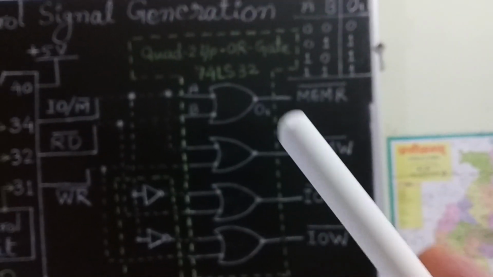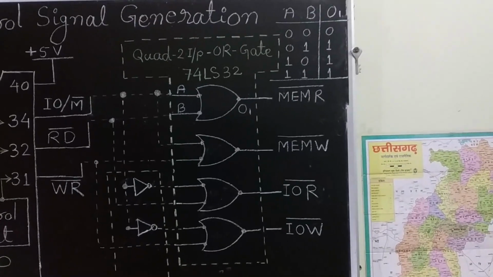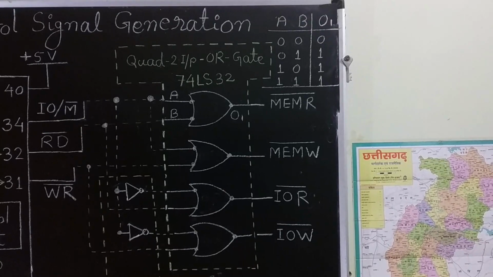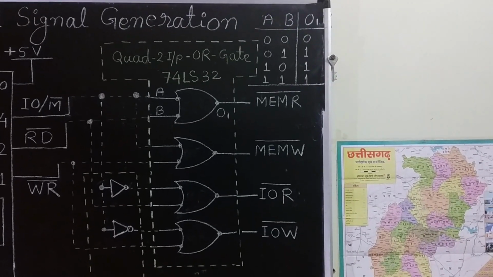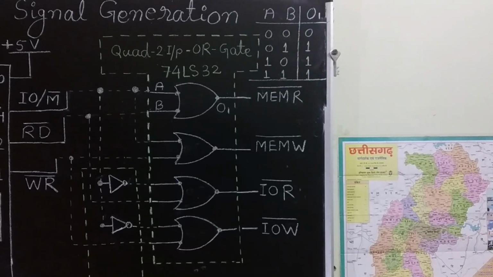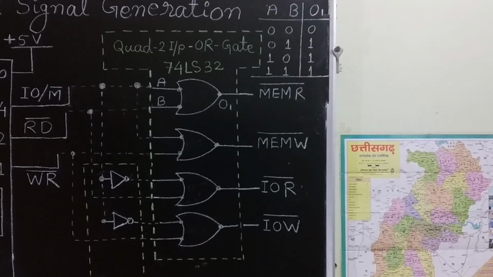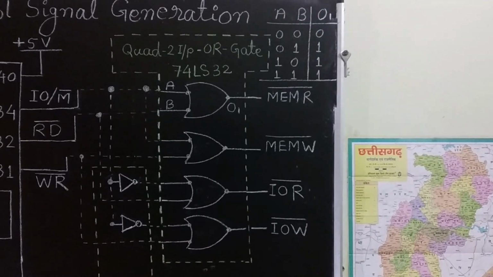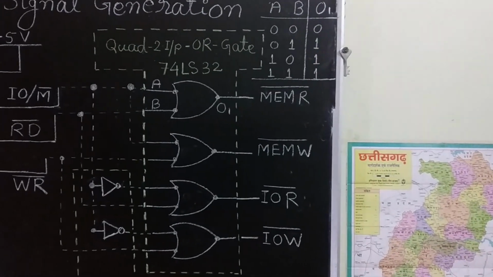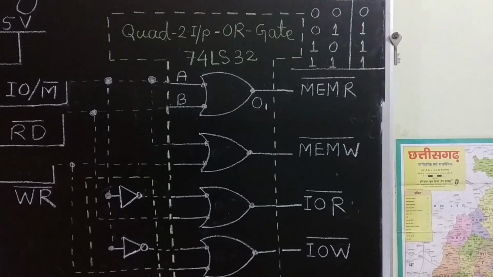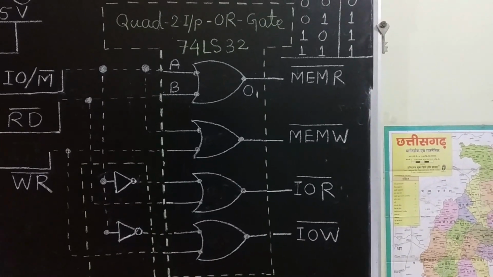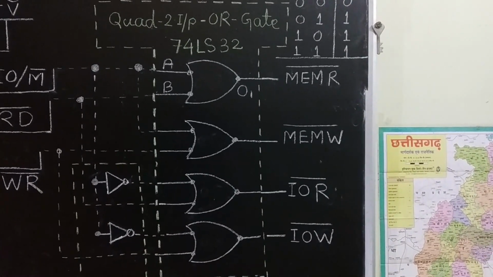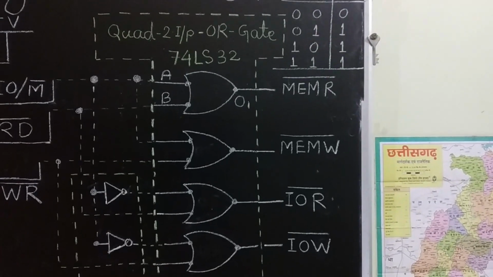The total pins are 4 gates into 3 pins, 4 into 3, 12, plus 1 for plus 5 volt and 1 for 0 volt. That means the 74LS32 is a 14 pin IC containing 4 two-input OR gates.